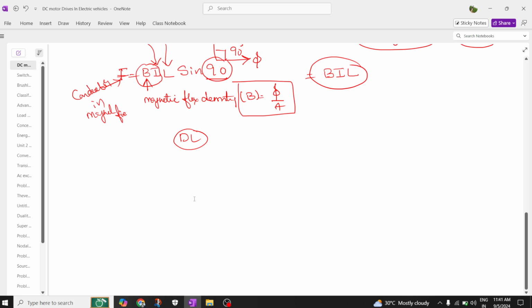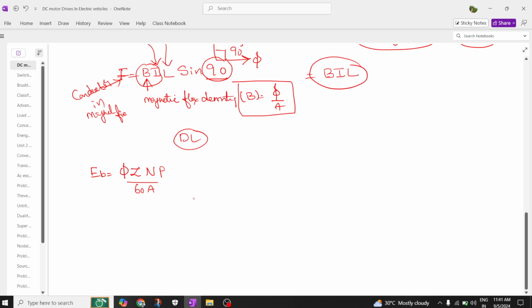Now coming to the expression, the EMF induced, or the back EMF induced, in a DC motor is given by the formula: flux times number of conductors times speed multiplied by the poles, divided by 60A. I want to write this in a simplified format.